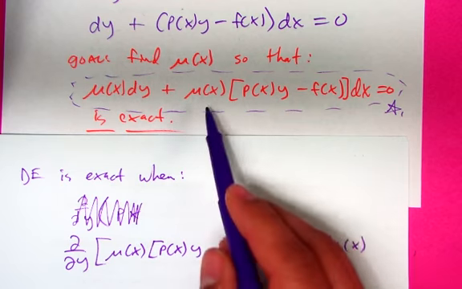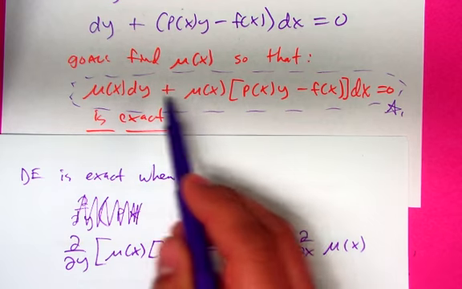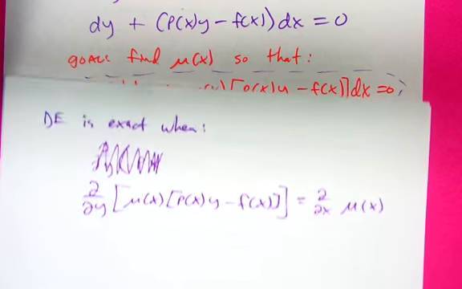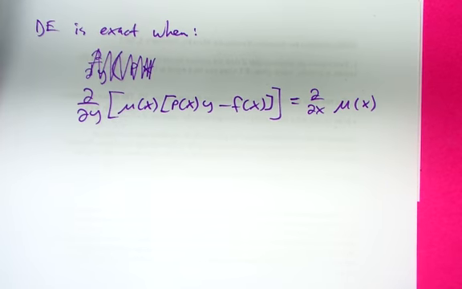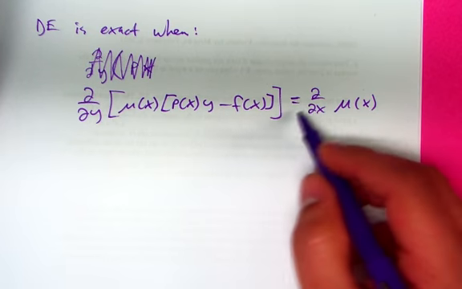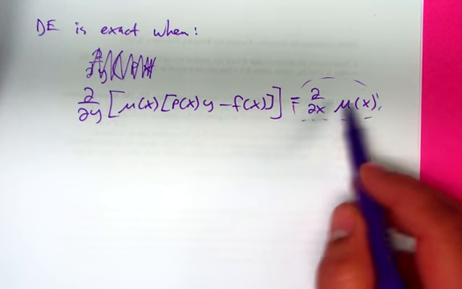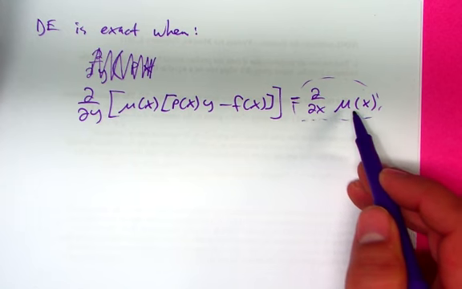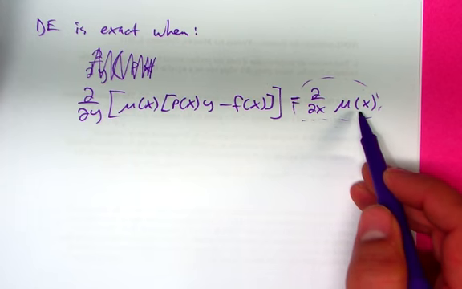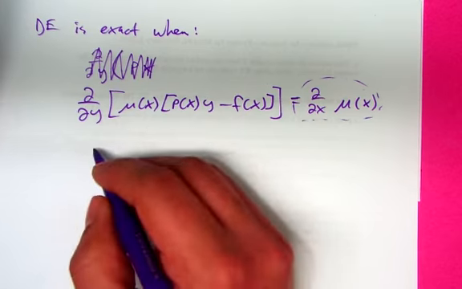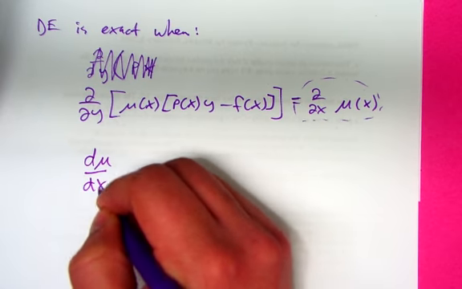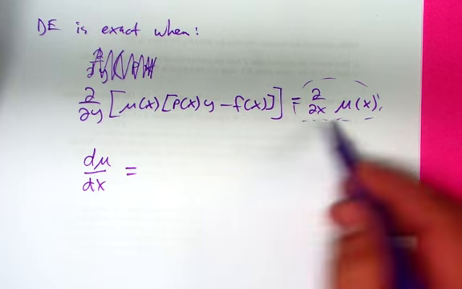Okay, so in other words, partial y of M and partial x of the N coefficient need to be the same. If that's the case, I'm going to rewrite this, put this on the first side. We have a partial derivative, but this function is in terms of just x. So what I'm actually going to do is write it as an ordinary derivative, because it would be the same. So I'm going to call it d mu dx, because that's what this will be.